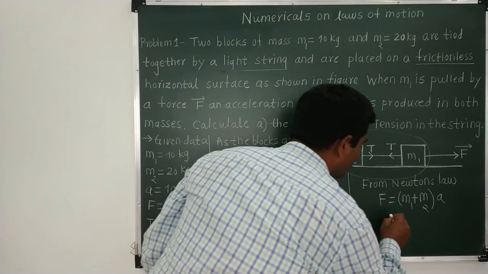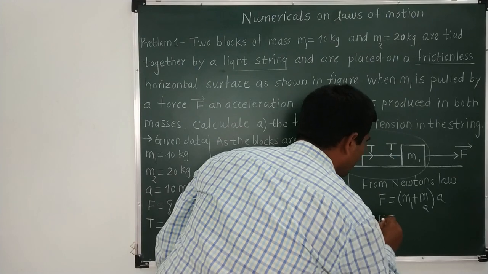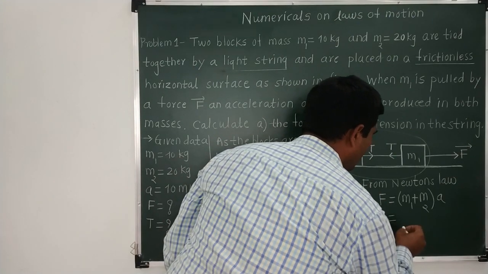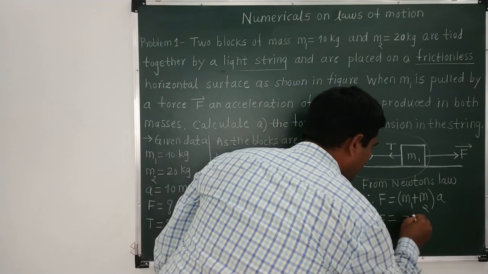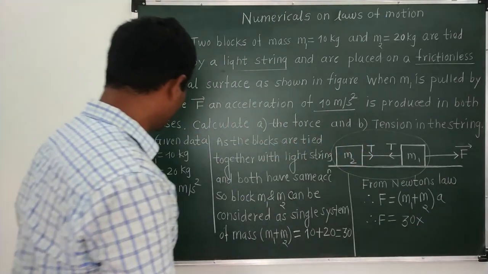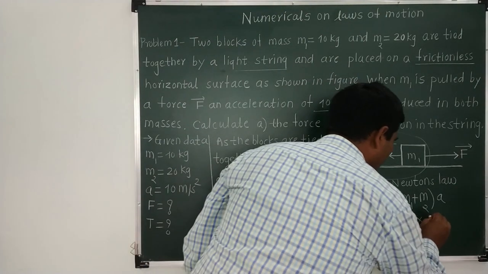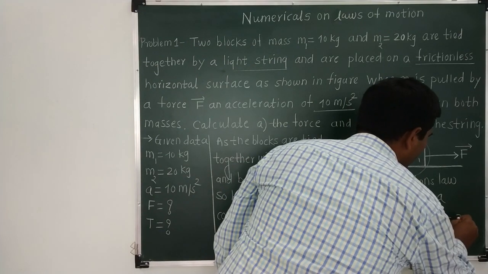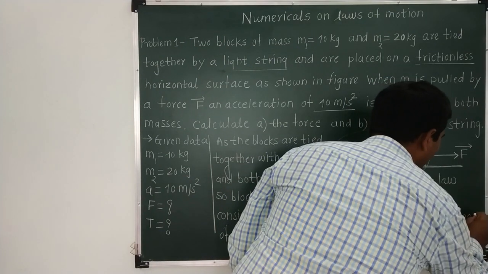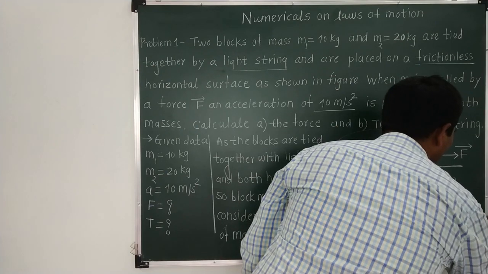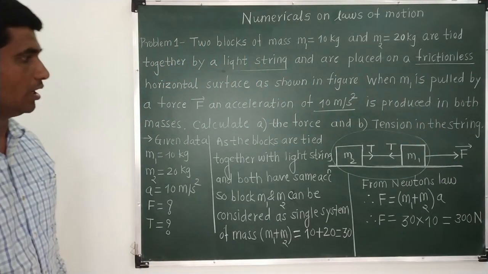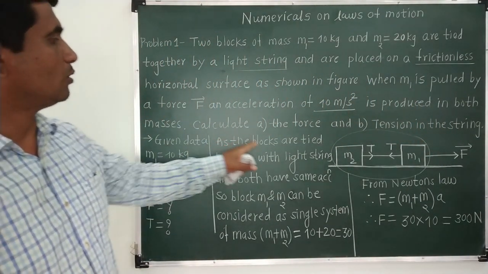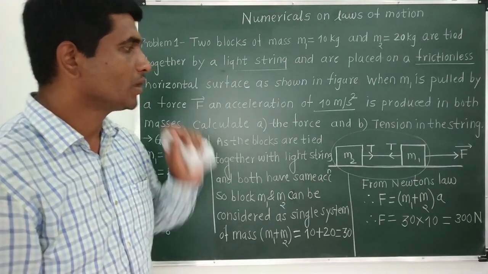Therefore F is equal to M1 plus M2, which is 30, into the acceleration of the body, 10 meters per second squared. So 30 into 10 is 300, and force in SI unit is measured in Newtons. So F is 300 Newtons. It gives the answer to our first question, calculate the force.